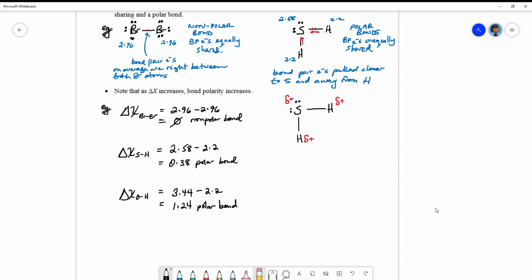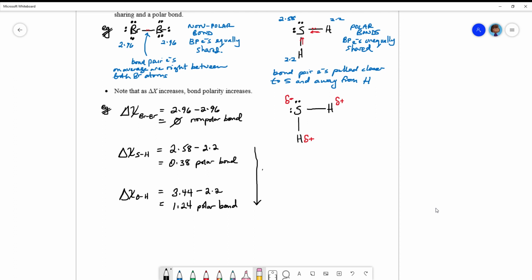So both a sulfur-hydrogen and an oxygen-hydrogen bond are polar, but they don't have equal polarity. The bond polarity is increasing here because the delta chi value for OH is higher than the delta chi value for an SH bond.